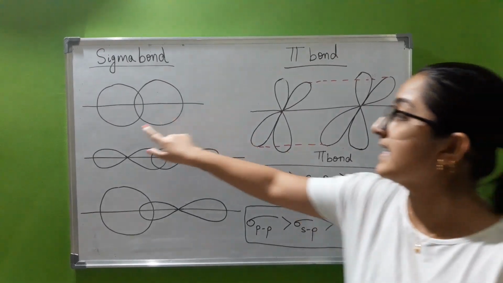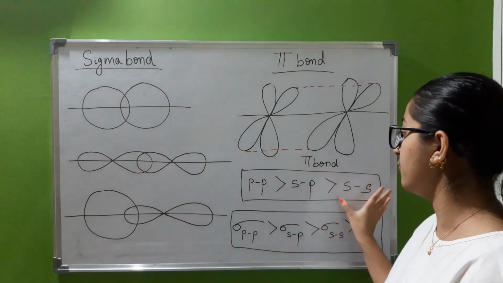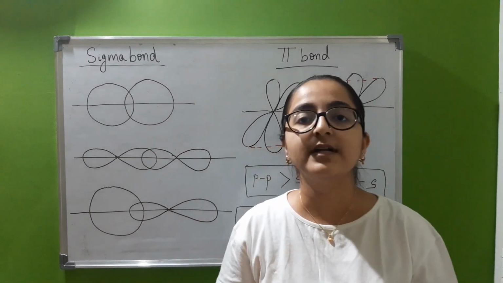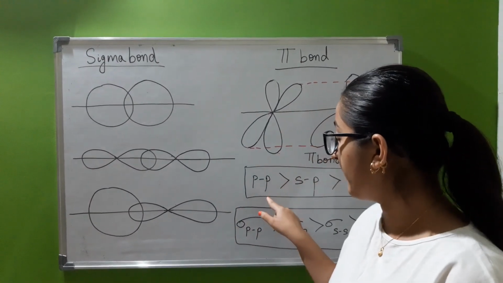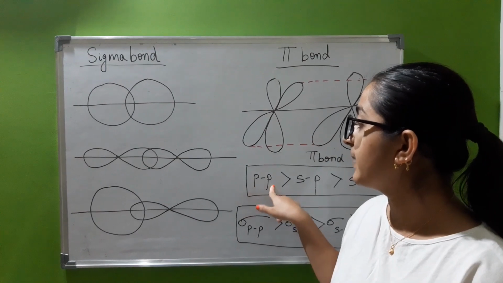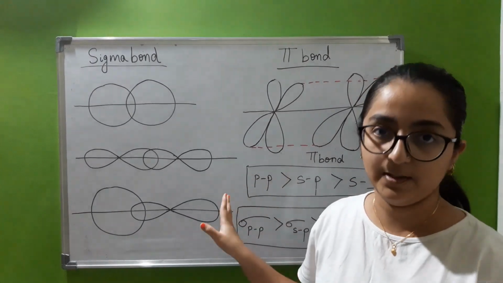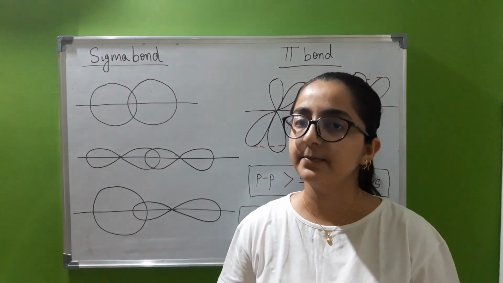But when an s and an s orbital overlap each other, they form the weakest bond of this category. So basically, the strength of the bond is determined by the extent of overlapping. Since the extent of overlapping is maximum when p and p orbitals overlap each other, they form the strongest covalent bond.